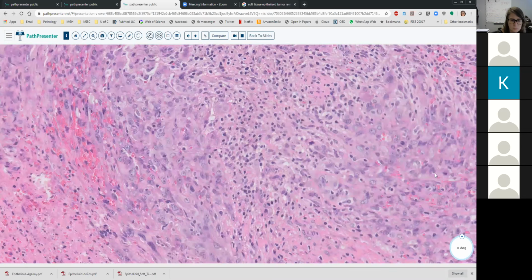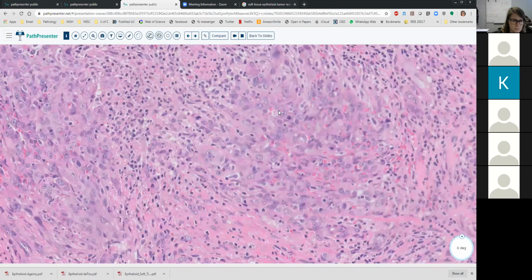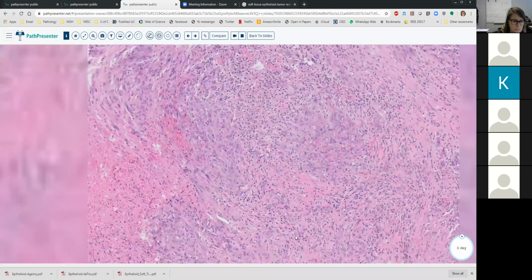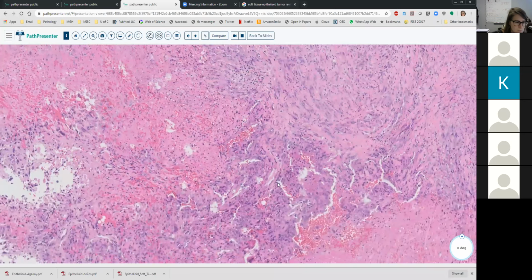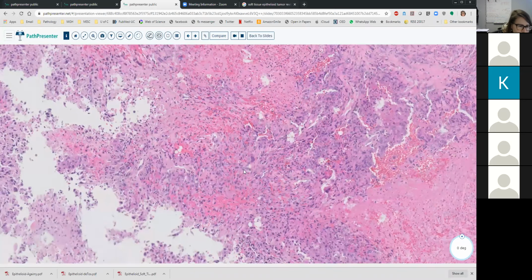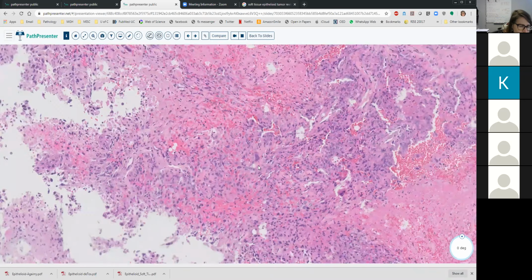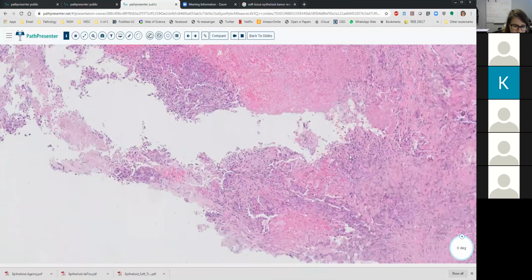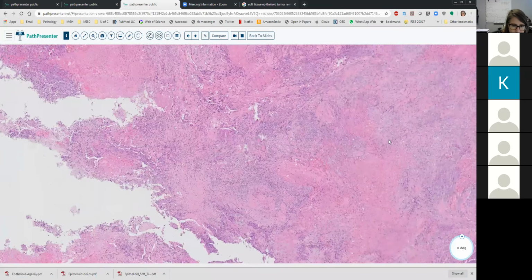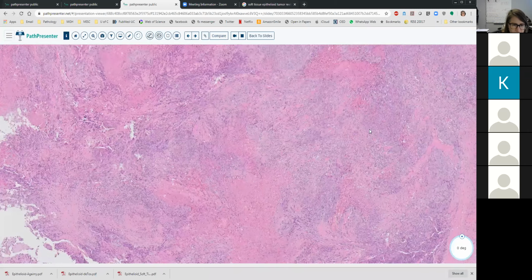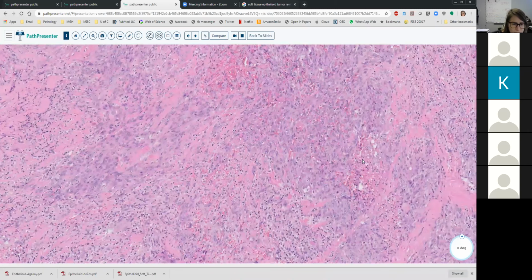Pretty prominent nucleoli in some of the cells. Architecture-wise, sorry, let me get to an area where the morphology is a little bit clearer. Yeah, there's not a great pattern to them.